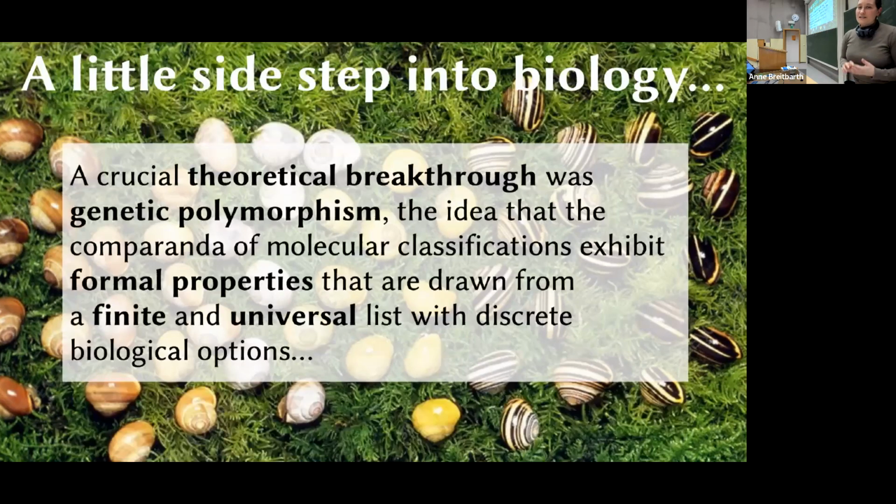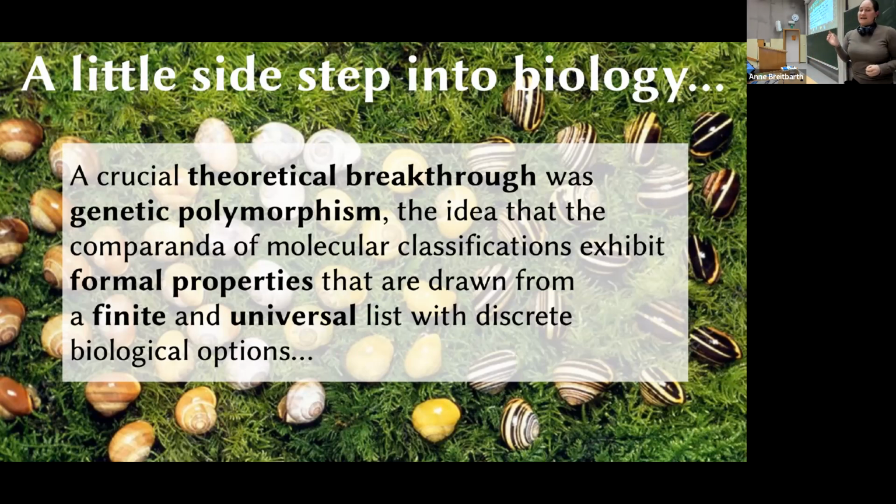So it was not until there was a really crucial breakthrough in biology, a theoretical breakthrough, when people looked at genetic polymorphism. That's the idea that the comparanda of molecular classification exhibit formal properties. And the formal properties are drawn from a finite and universal list.